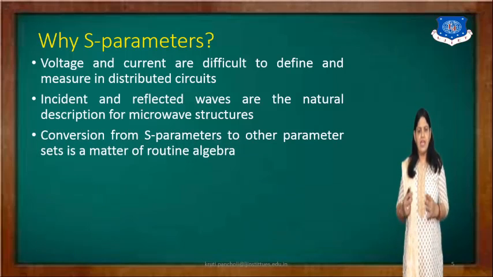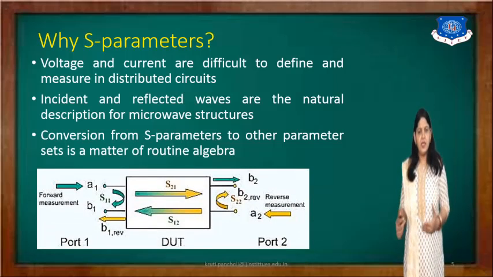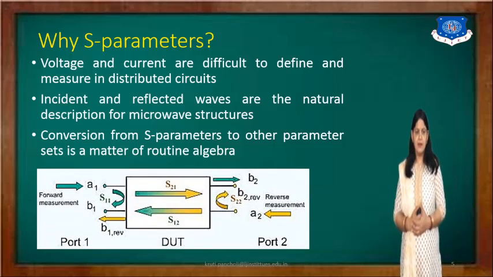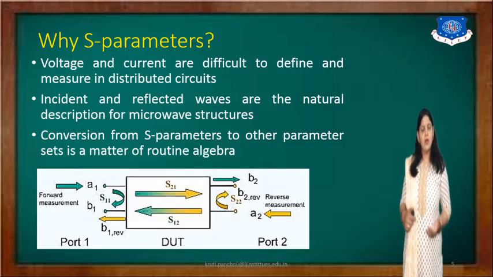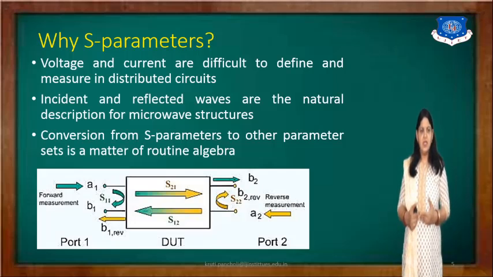Conversion from S parameter to other parameter sets is a matter of routine algebra. Here in the diagram you can see port number 1, port number 2, and the DUT, that is the device under test. A1 is the forward measurement, and at the other end there is a reverse measurement.